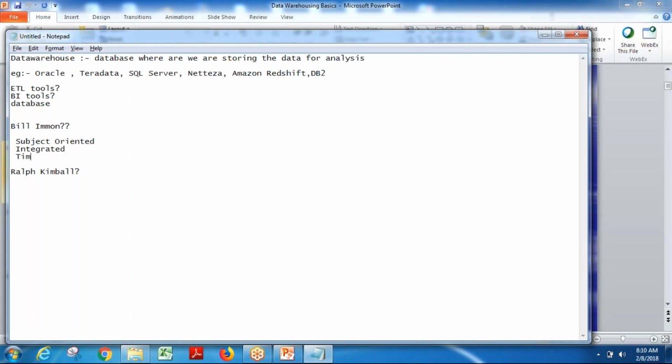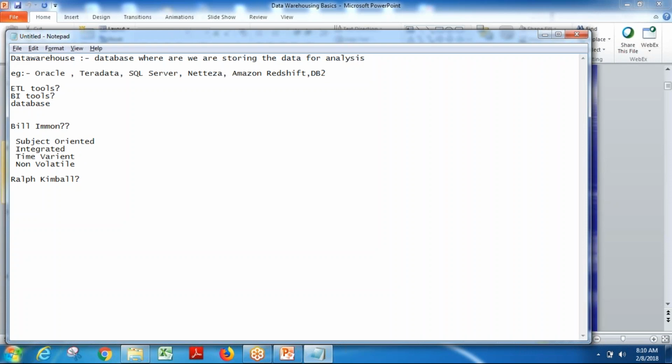Integrated. And we call this time-variant and non-volatile. So it is a subject-oriented, integrated, time-variant, and non-volatile system, which is used for decision making. That's called a data warehouse.